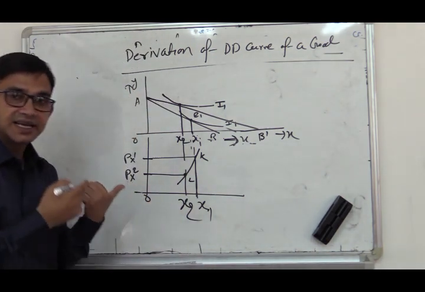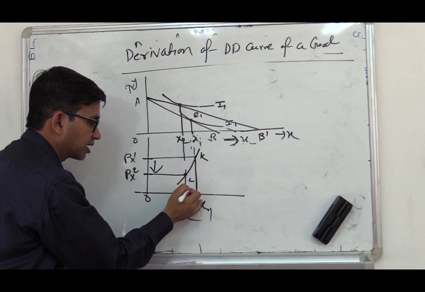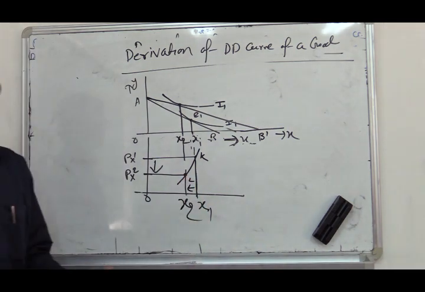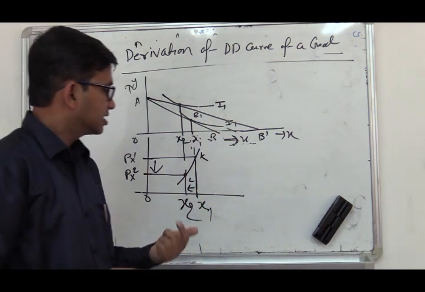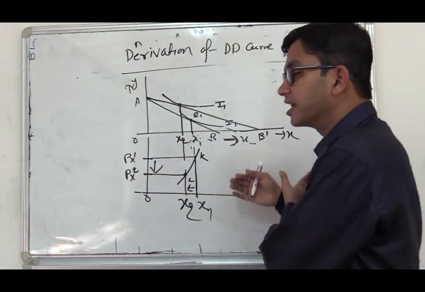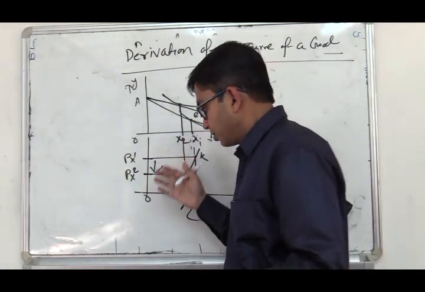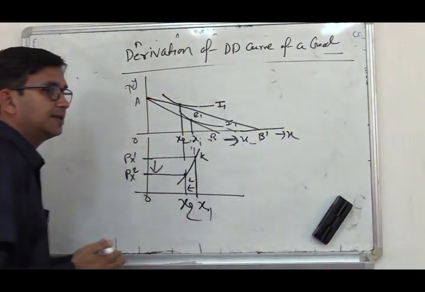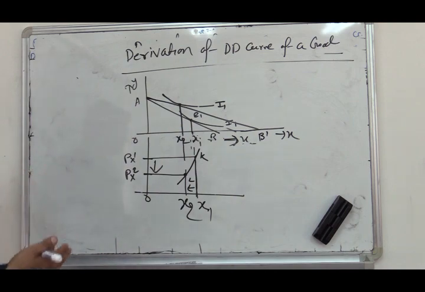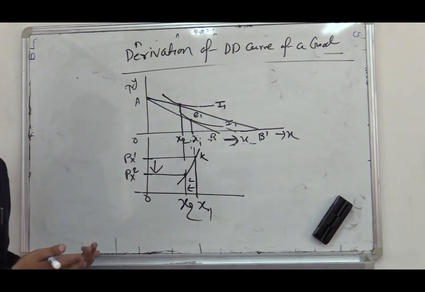And as this is an exception of the law of demand, what do you see? As the price of the commodity declines, the consumption of the commodity also declines. So other things remaining constant, here the demand for a commodity is directly related to its price, not inversely related to the price. So this is basically an exception of the law of demand, because here both are declining simultaneously.